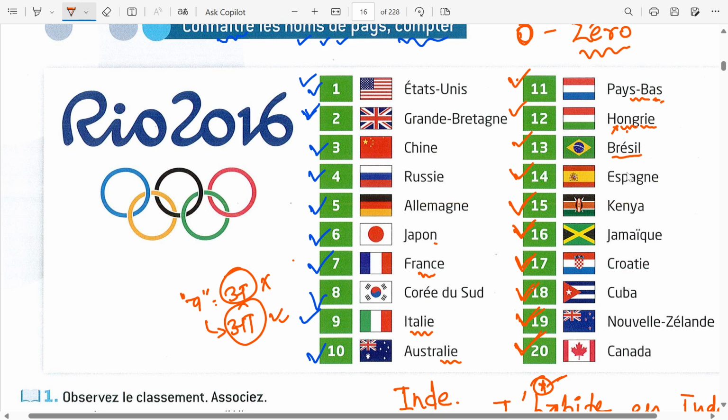Brésil, Brazil. Okay, perfect. Spain, Espagne. Okay, Spain, this is Espagne. AGNE you can see here and here also in Allemagne and Espagne. So basically no sound comes from it actually. So Espagne, Albanie.